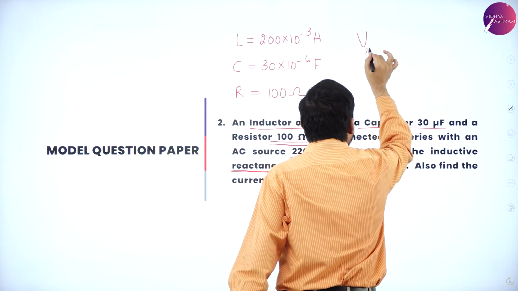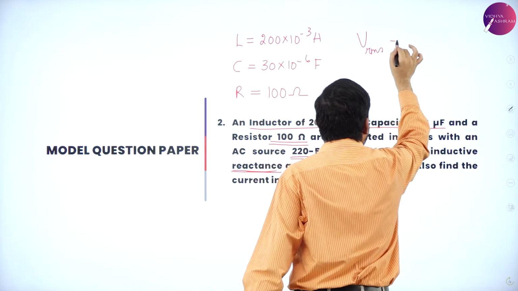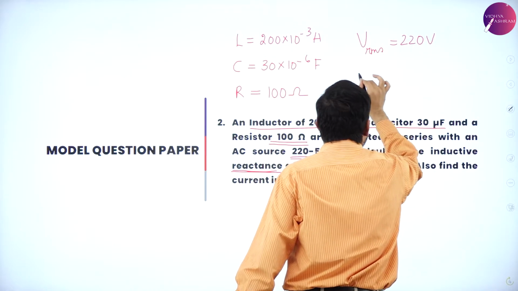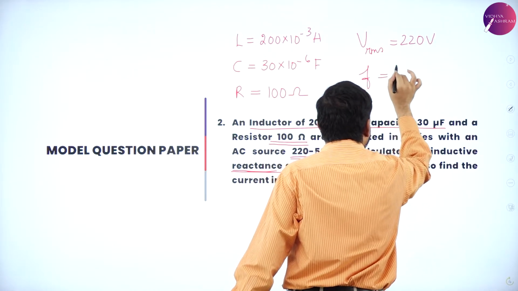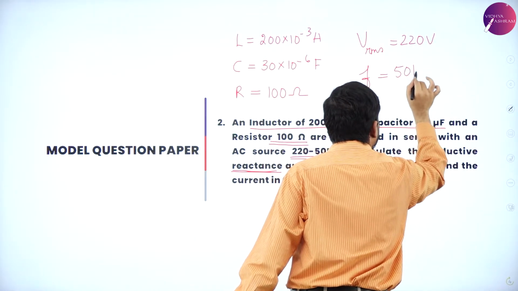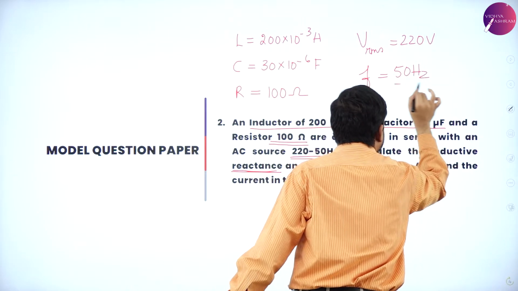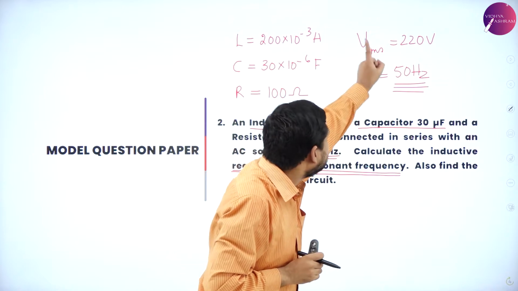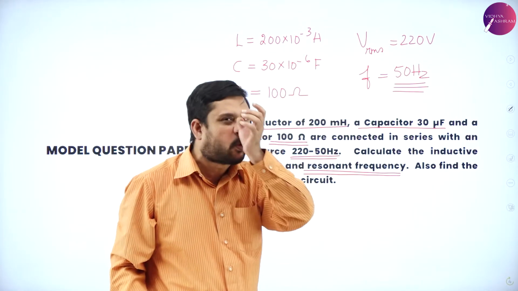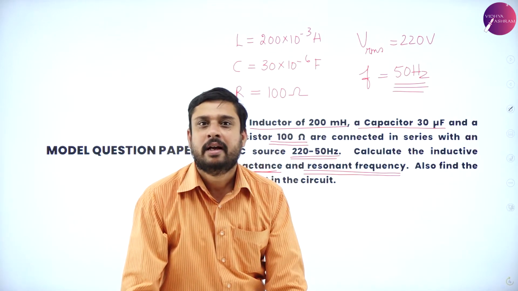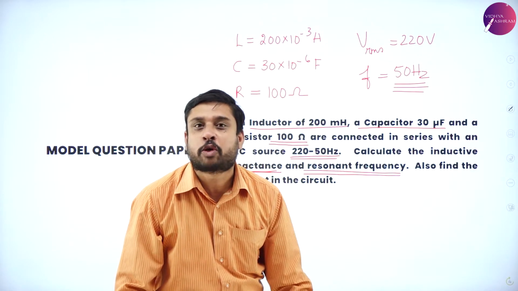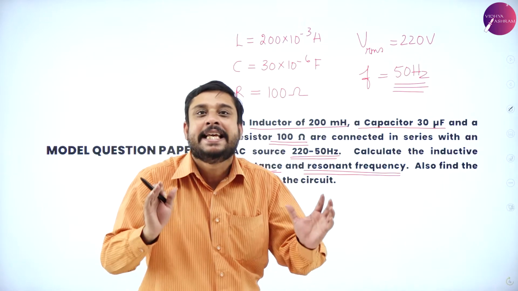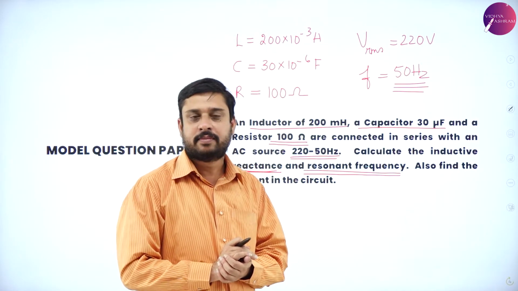So V RMS is given, 220 volts, frequency 50 hertz. Please note, students, this is the applied frequency, not the resonant frequency, the frequency of the source in series with the components.